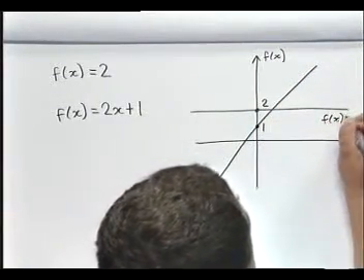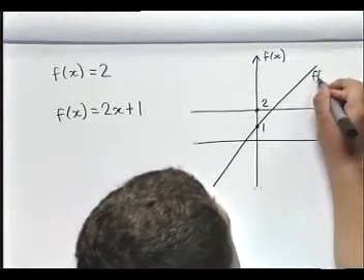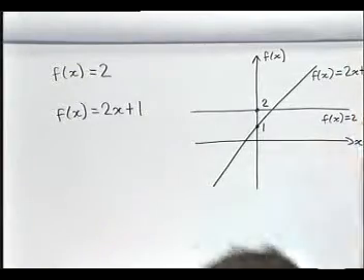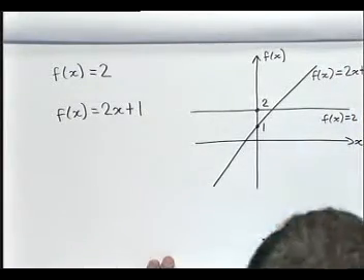So this is f(x) equals 2, and this is f(x) equals 2x plus 1. Now, an important thing to remember is that all constant functions are horizontal straight lines, and all linear functions are straight lines which are not horizontal.